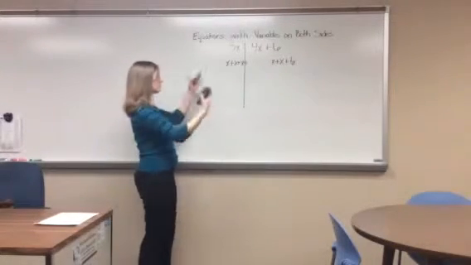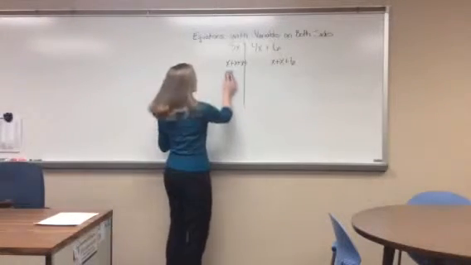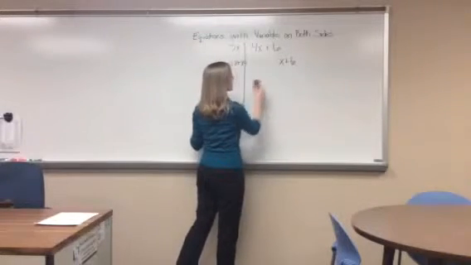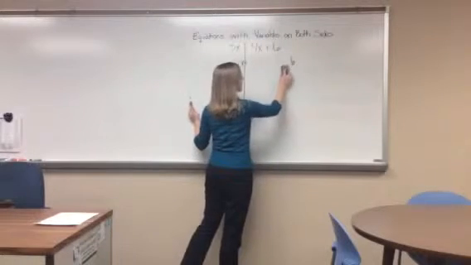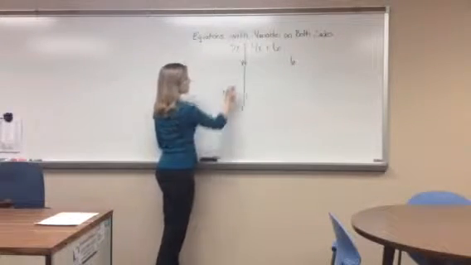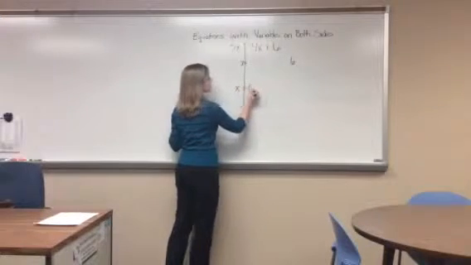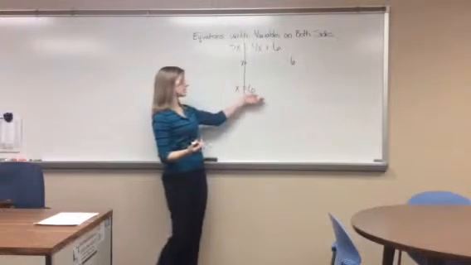As long as I do the same thing on one side that I do to the other, we're fine. Do it again. Take an x away from the left side, take one away from the right side. Take an x away from the left side, take one away from the right side. My final amount is that x is equal to 6. And that's my answer. X is the same thing as 6.